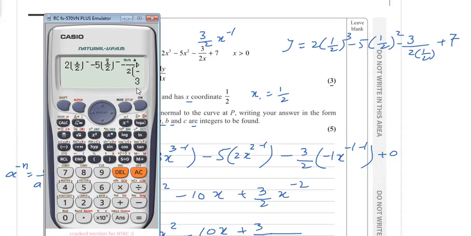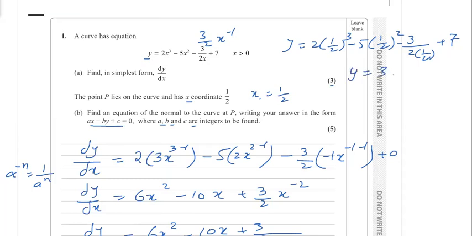Although it's simple and you can do it without a calculator also, let's use the calculator. That will give me 3. So the value of y is equal to 3.